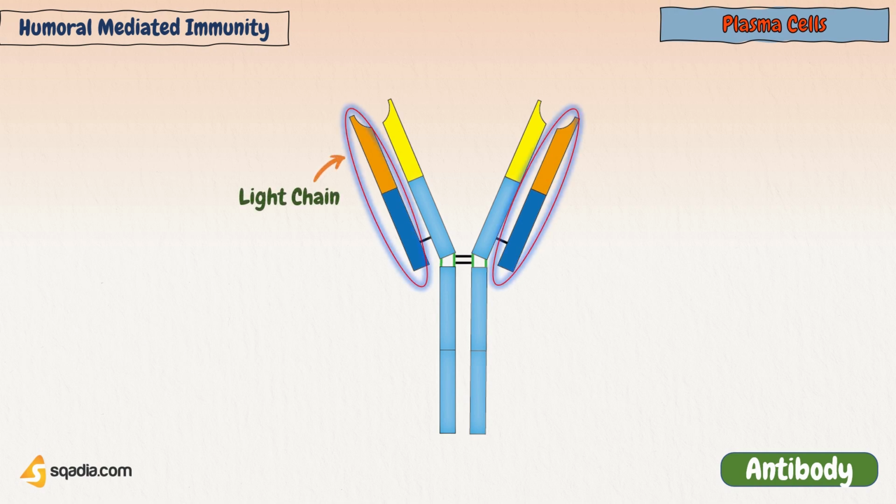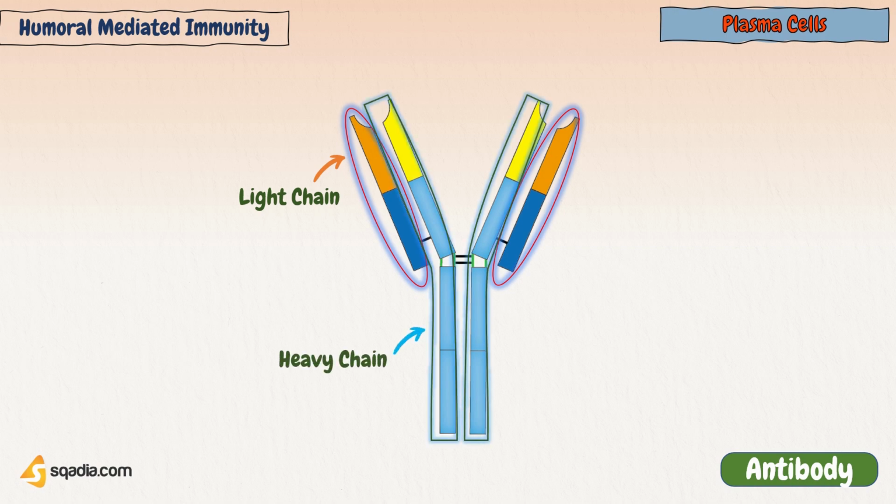The simplest antibody molecule has a Y shape and consists of 4 polypeptide chains, 2 light chains or L chains, and 2 heavy chains or H chains. The terms light and heavy refer to their molecular weight, in the range of 25,000 Daltons and 50,000 to 70,000 Daltons respectively.